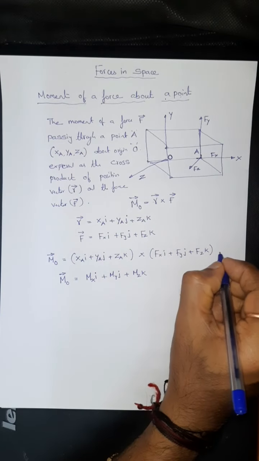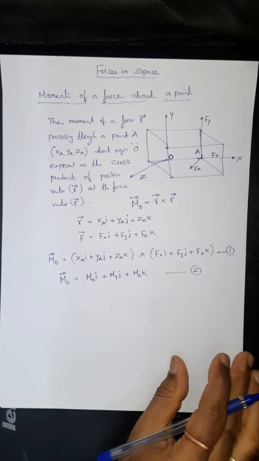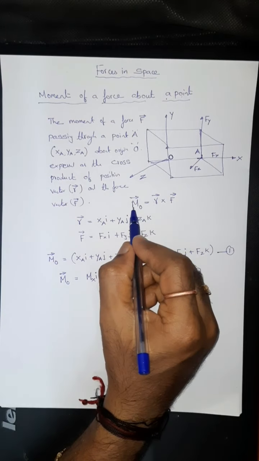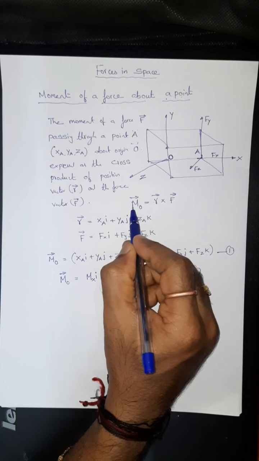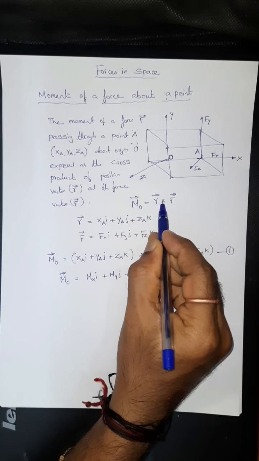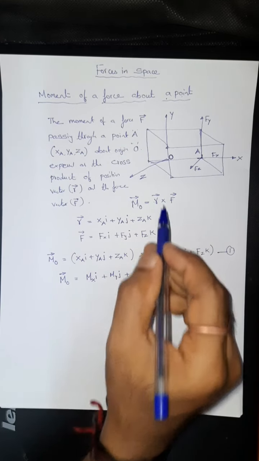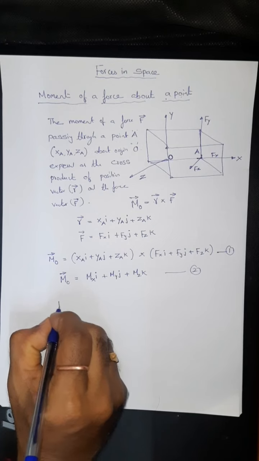Let me take this as equation 1 and this as equation number 2. As you know, the moment about O is nothing but the cross product of the position vector and the force vector.